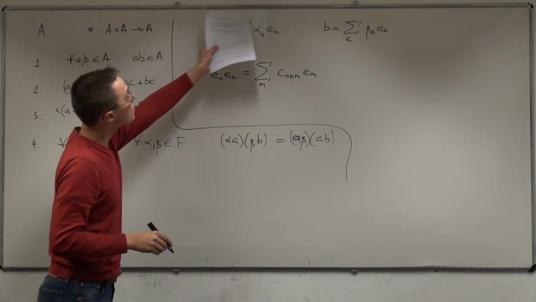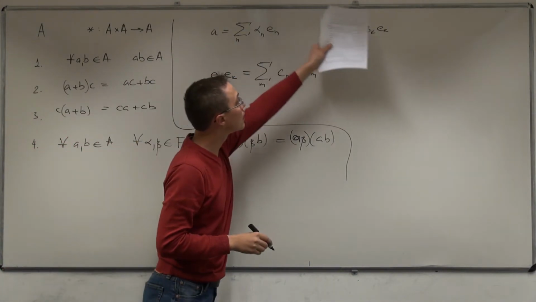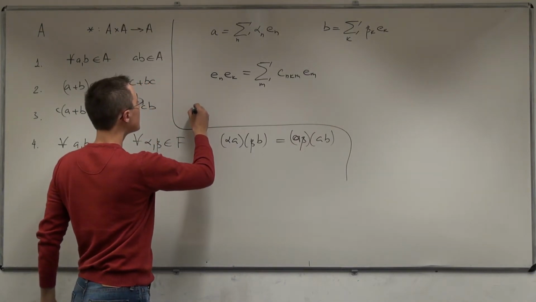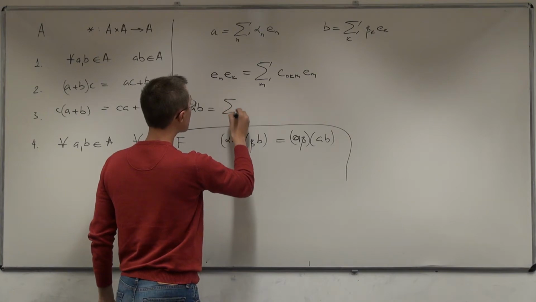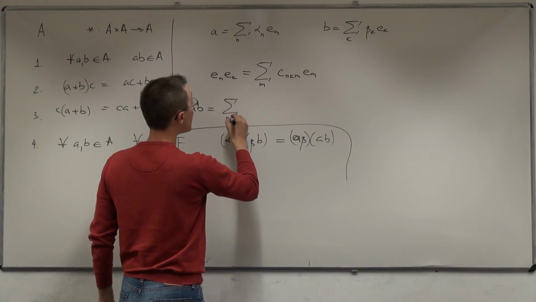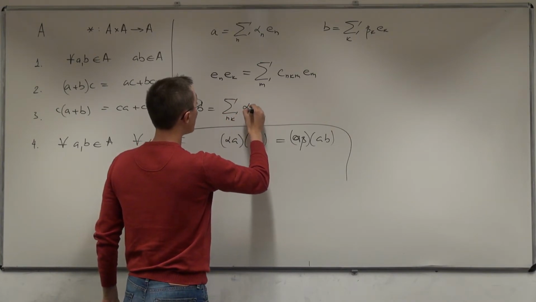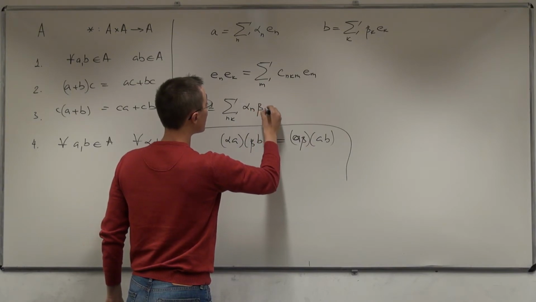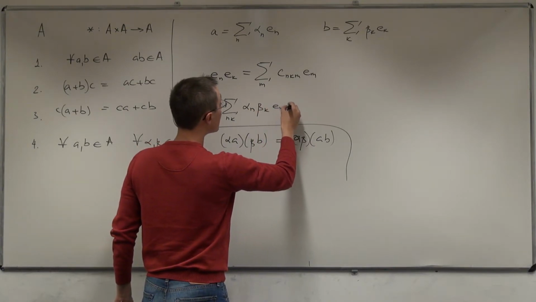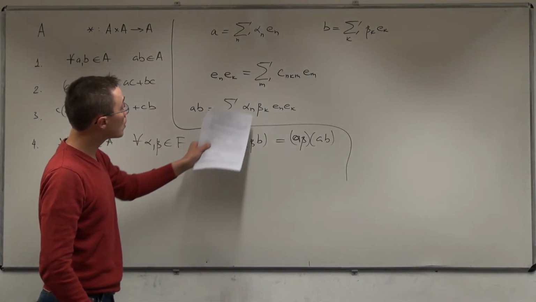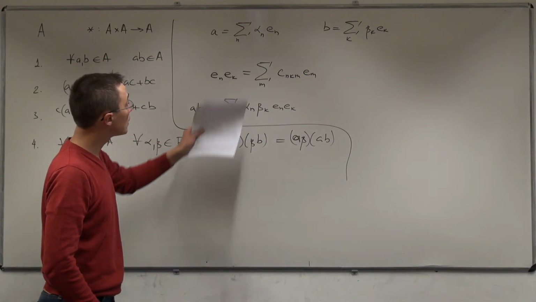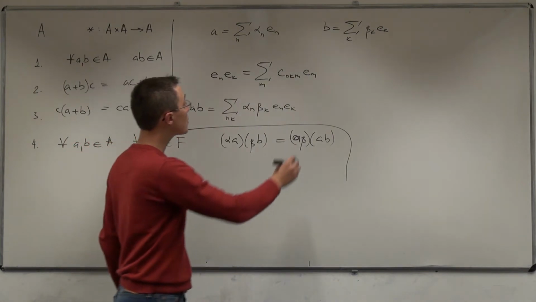Say we multiply A by B. So AB will be the product of the corresponding sums. So a sum over n k, alpha n, beta k, En Ek. And from this, we know that we have this expansion.